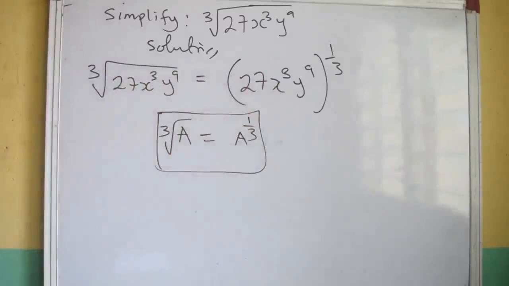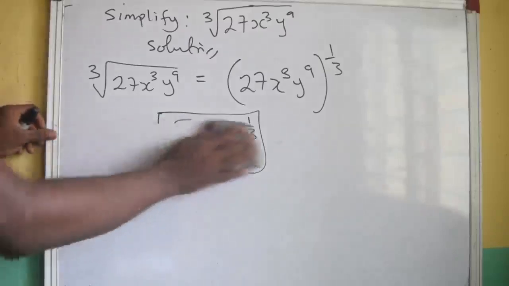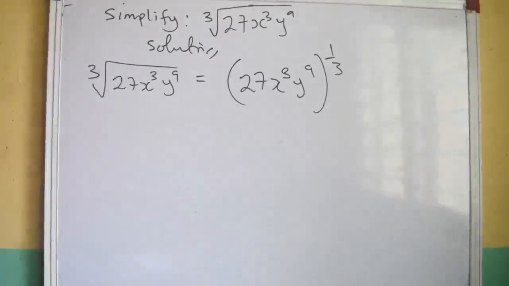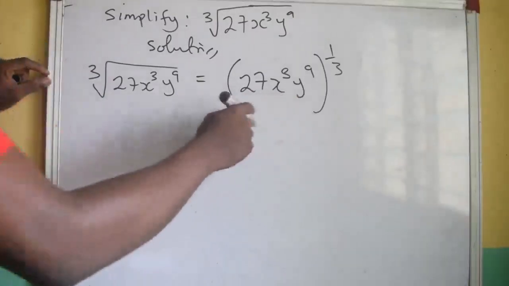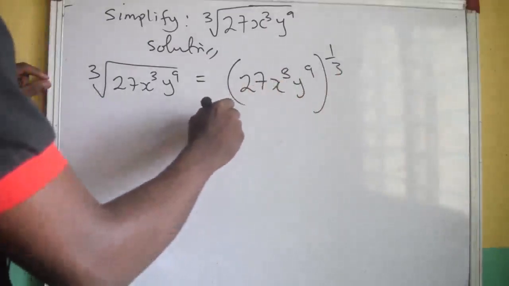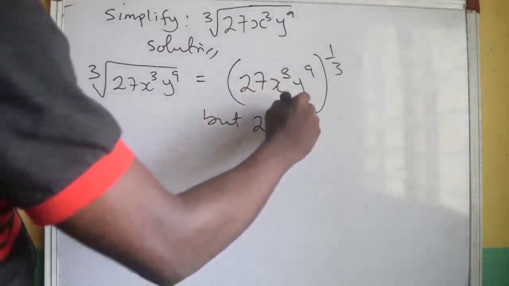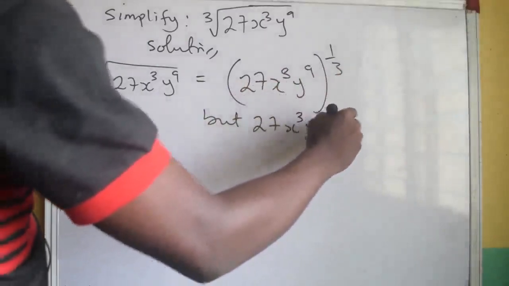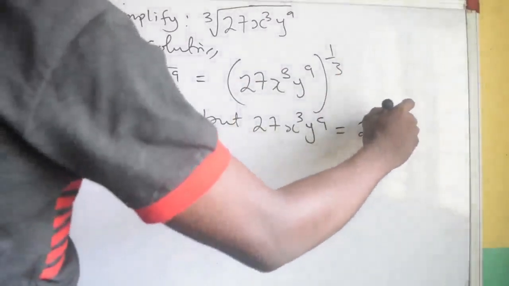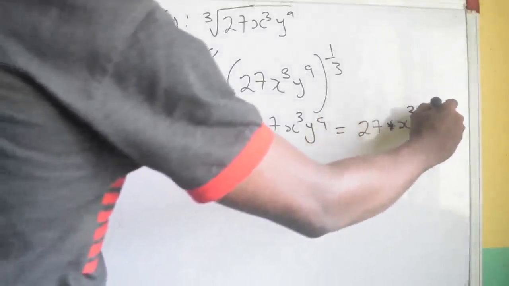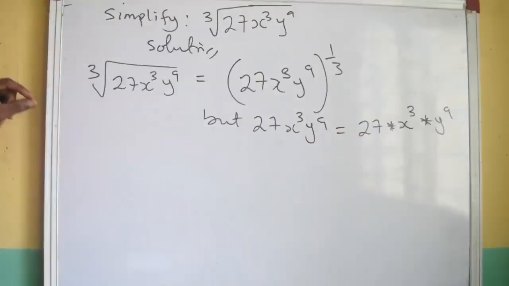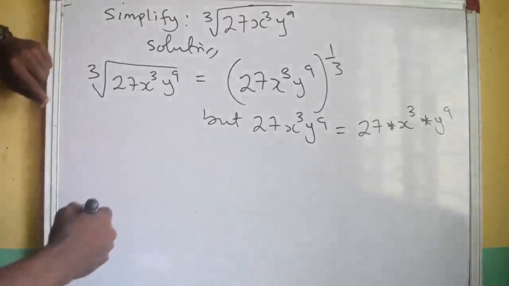So this will surely be, knowing fully well that this guy is the same as saying 27 times x raised to the power 3 times y raised to the power 9.